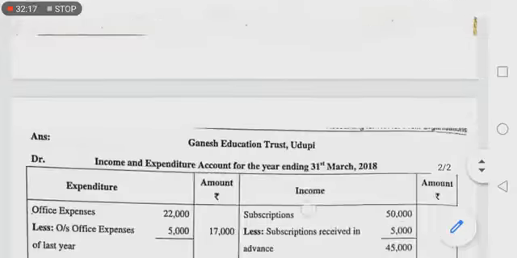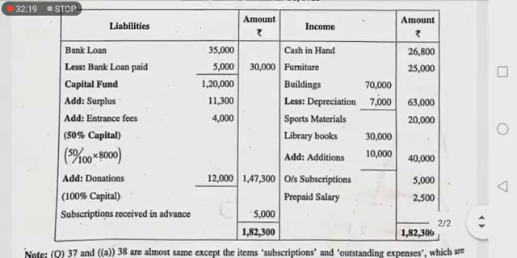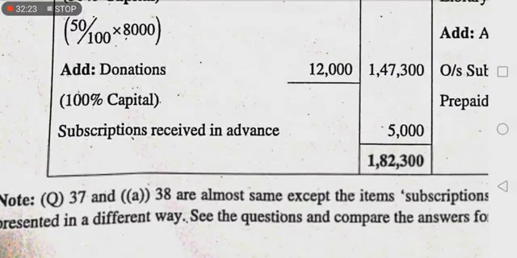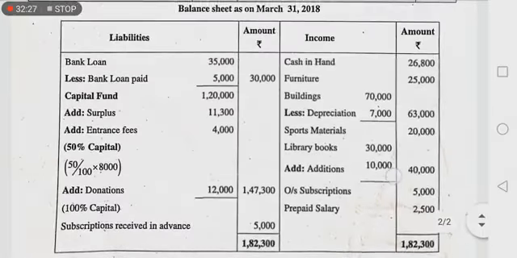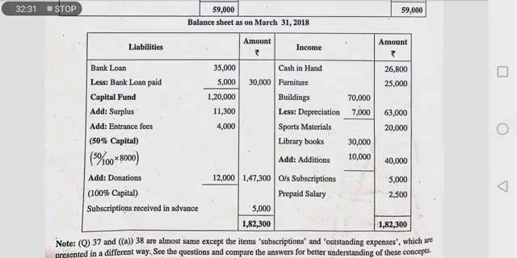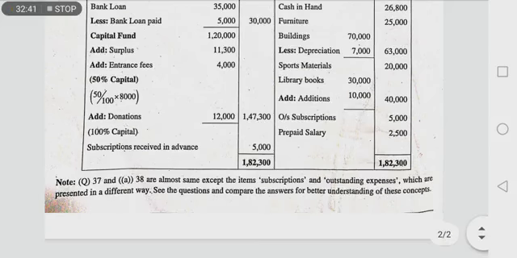So you have to record it under the liability side. Under the liability side they have recorded the subscription received in advance, 5,000. Now we are done with recording all the transactions both under the asset side and the liability side. Now you have to take the total, then you will get a tallied amount on both sides.